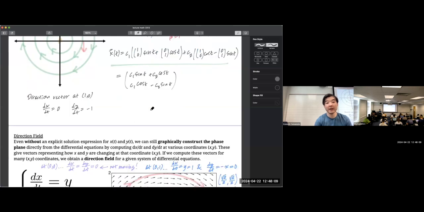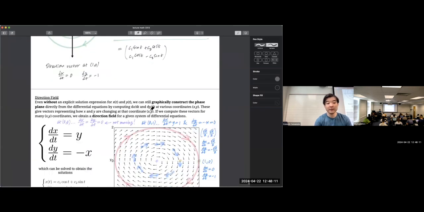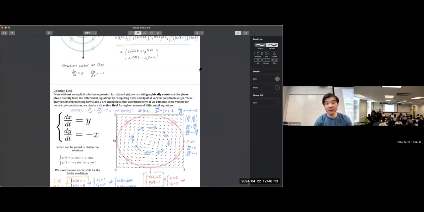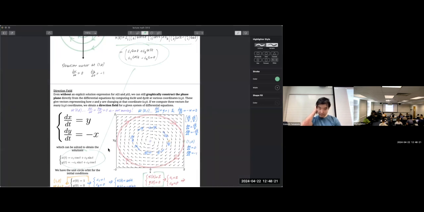And if you compare this with this, they're the same, but the C1s and C2s are switched. That's okay. You can label the C1 and C2 however you like, it doesn't matter, but these are the same.